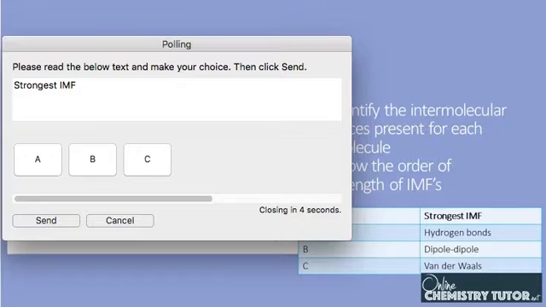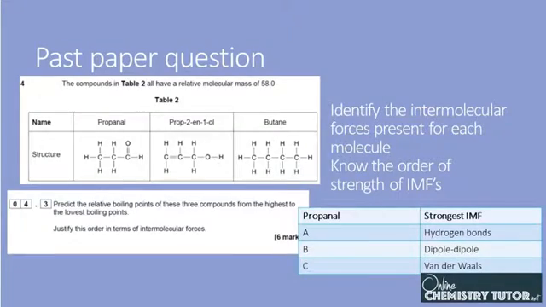Starting with propanol, intermolecular forces in propanol. Well, we look at propanol. It has oxygen, but the oxygen is not covalently bonded to hydrogen. It cannot hydrogen bond with itself, but that carbon-oxygen bond is polar.